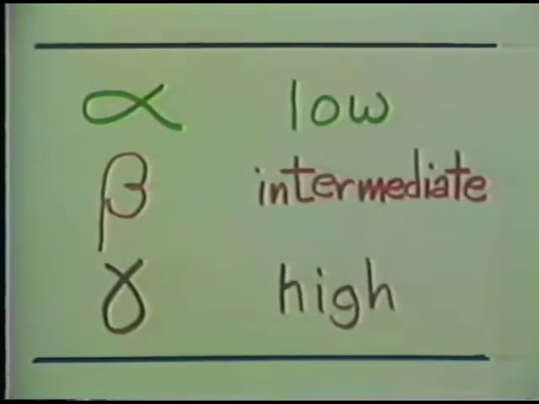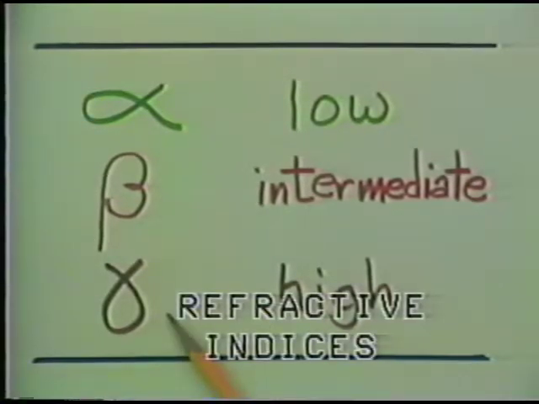Now, in order to describe biaxial crystals and their relief, we have to use a different convention than we have used for uniaxial minerals. There are now three refractive indices, and these, by convention, are called alpha, beta, and gamma.